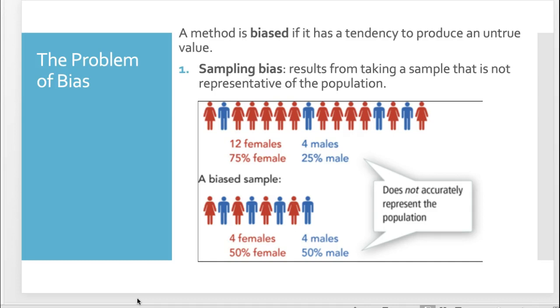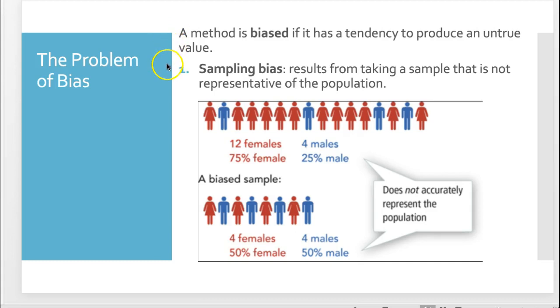If they didn't do that counterbalancing, their results would be insignificant regardless of what they observed. So pretty much what it means is we avoid bias. A method is biased if it has a tendency to produce an untrue value. We're talking about statistics that are not reliable at all.